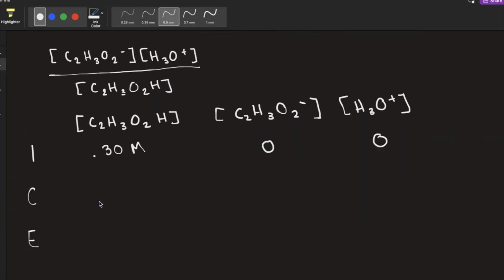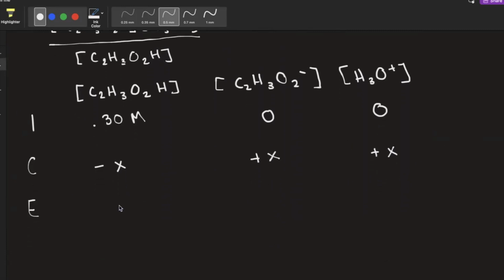So for change, we put minus 1 mole, plus 1 mole, plus 1 mole. And then we combine these to find our equilibrium. So it's going to be 0.3 minus x, x, x. This is our completed ICE chart.